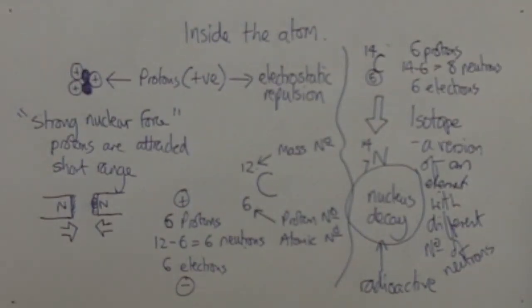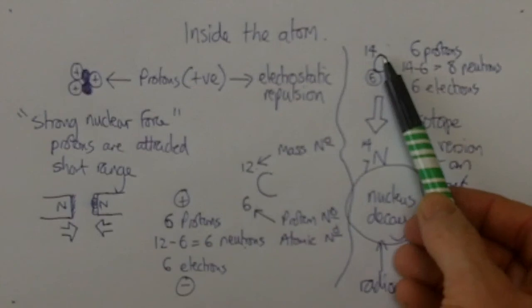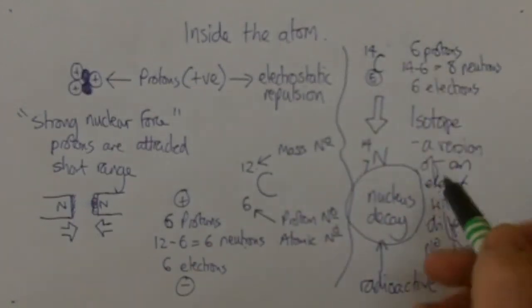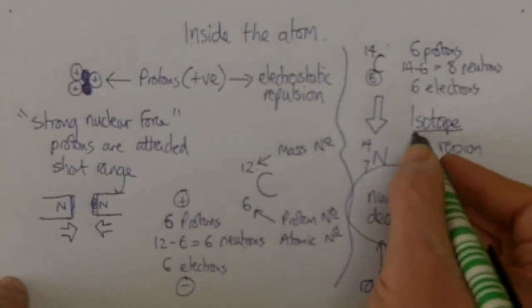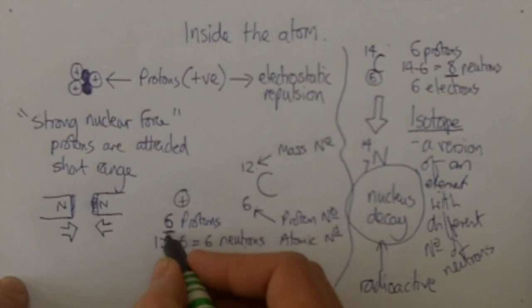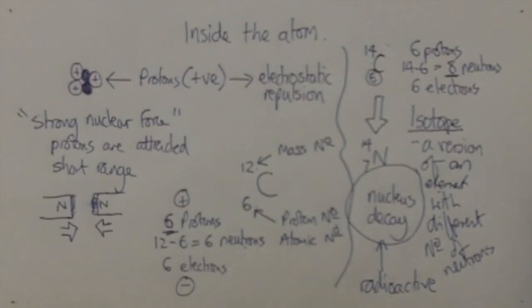Okay, just to recap then. For many elements, there are different versions. Those versions are called isotopes, and the thing that makes them different is how many neutrons we have. In the case of carbon-14, we've got 8 neutrons. In the case of carbon-12, we've got 6. There is no right or correct version. There are just different versions.